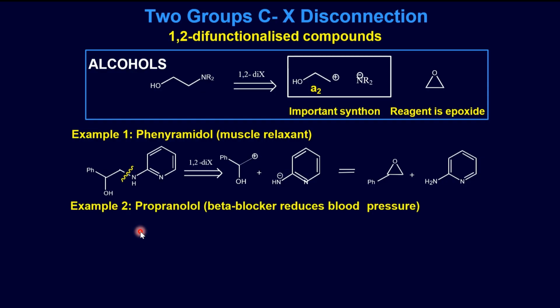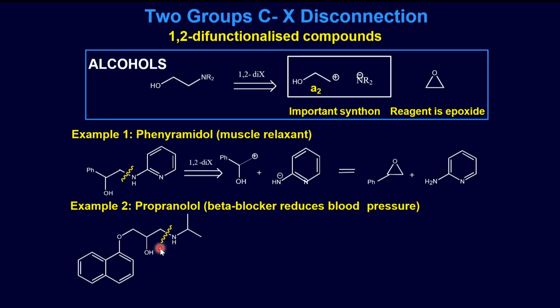I can give one more example, propranolol, a beta blocker which is used for the treatment of hypertension. Here it has a naphthalene ring system to which a side chain is attached. In the side chain, it has amino group and OH group at 1 and 2 position respectively.